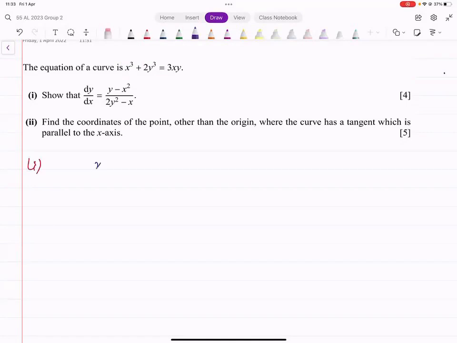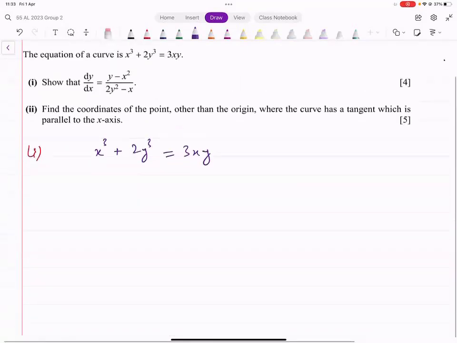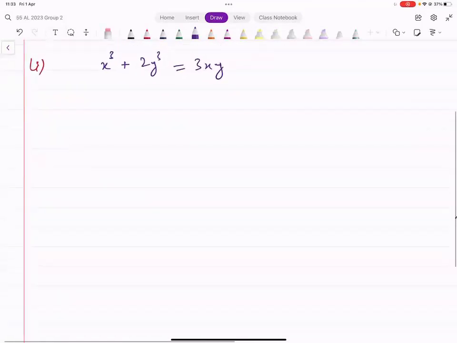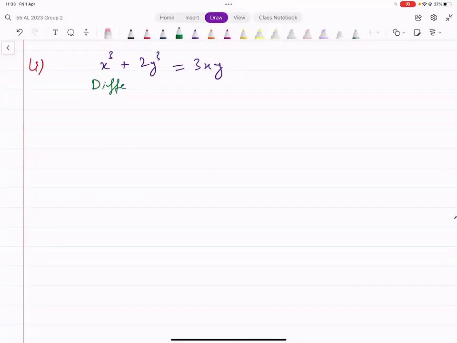Okay, so we've got x cubed plus 2y cubed equals 3xy. That's the curve that we have. We have to find dy over dx. So what we do is we start with this. We say let's differentiate with respect to x.